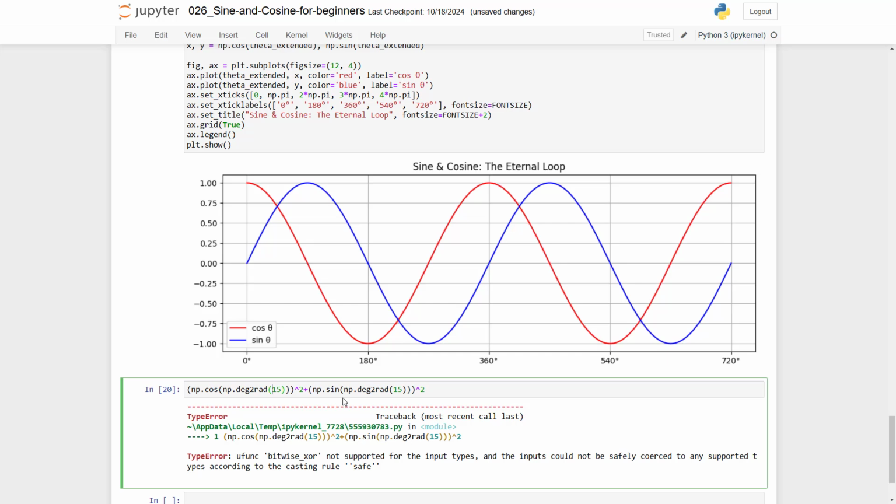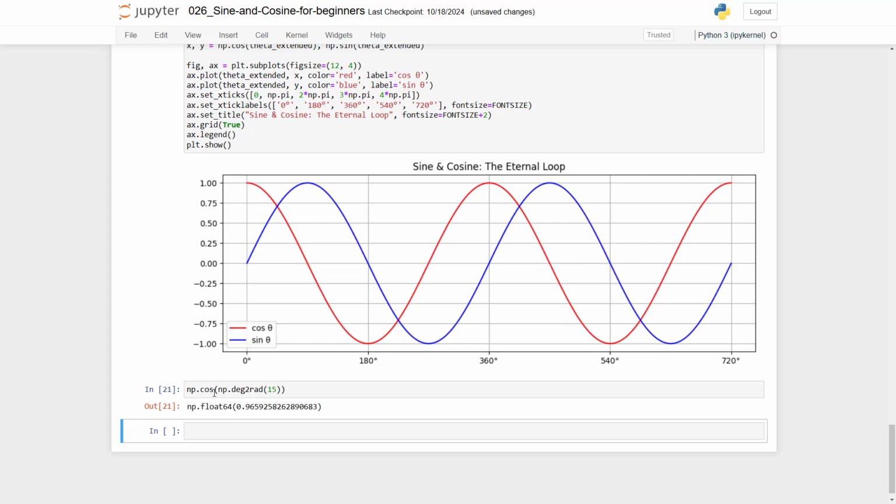Okay, I'll just try to round this one. Let's think how to round this one. Okay, I know what to do. Let's do it like this.